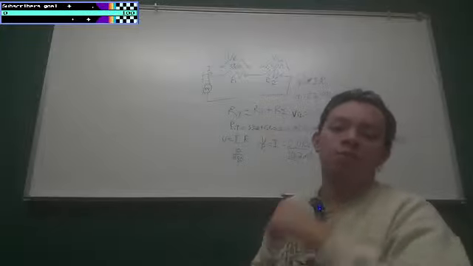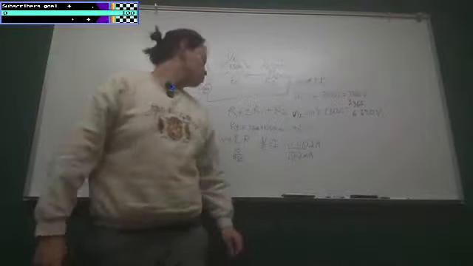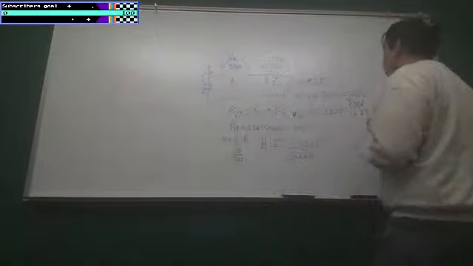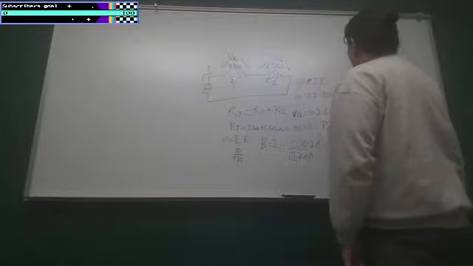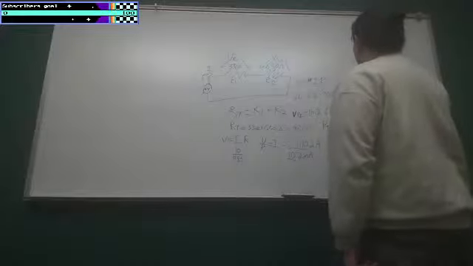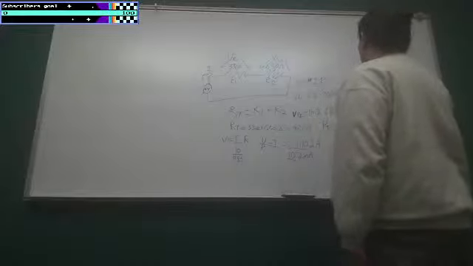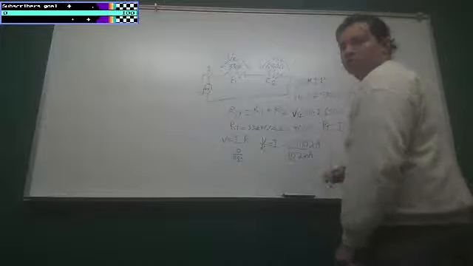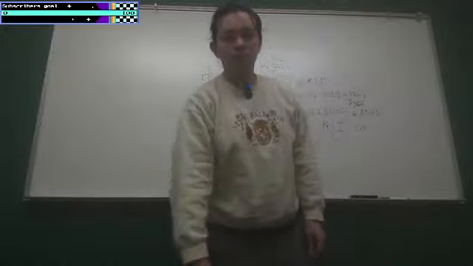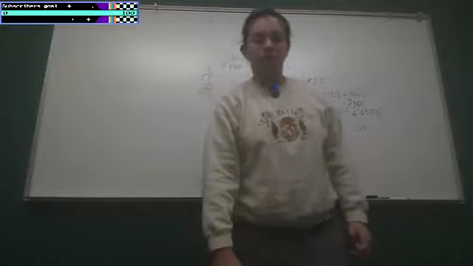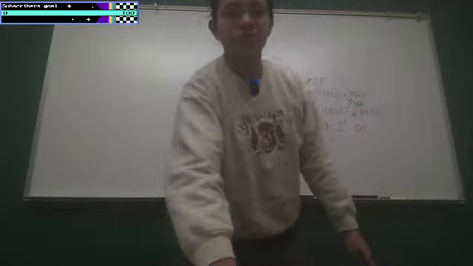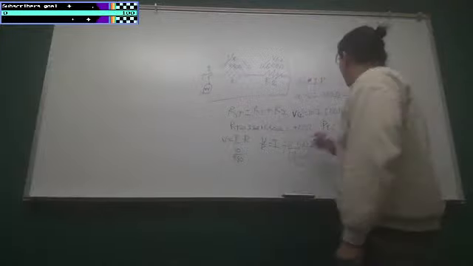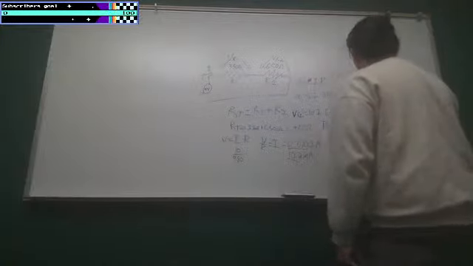Now we're going to be doing power. All right. So P total is the total power, which is going to be either I squared R or VI.